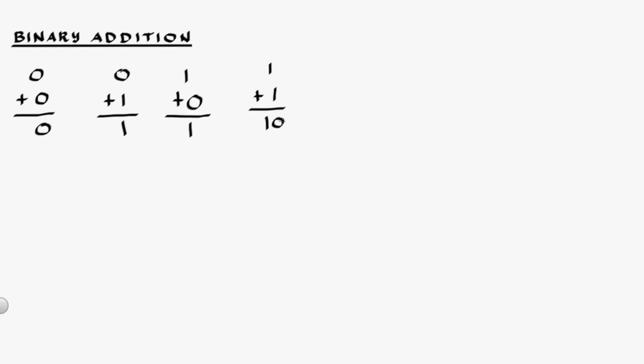Since we are using the binary system, we don't say "ten." We read them as individual digits: for 10, we say "one zero," and for 101, we say "one zero one."